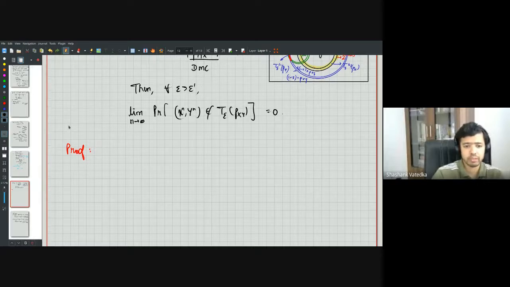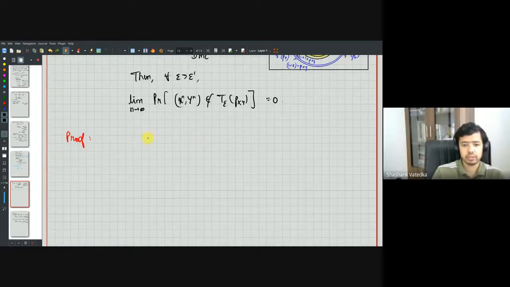So look at any particular xn. So we know that xn lies in the typical set T epsilon prime n of px. So what do we know?